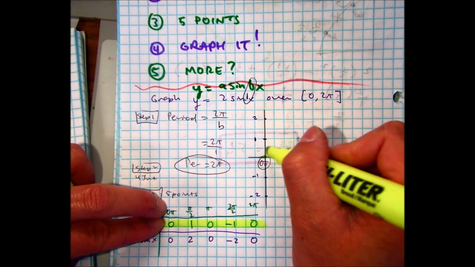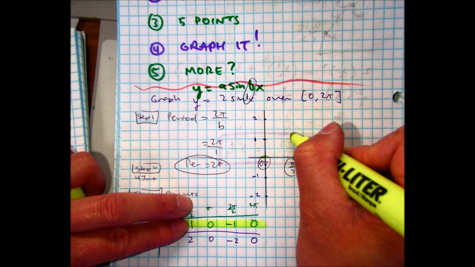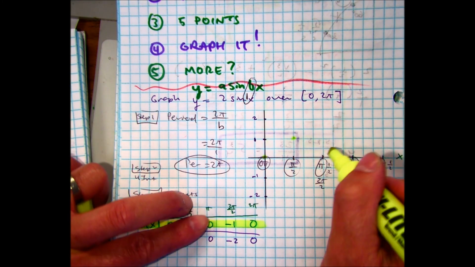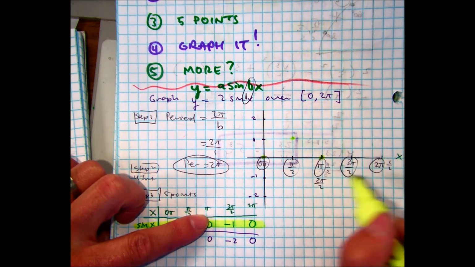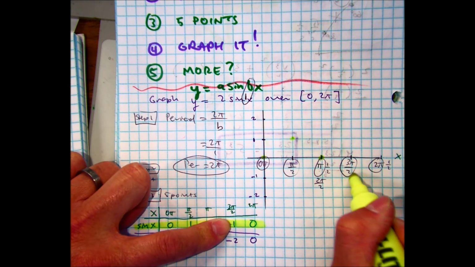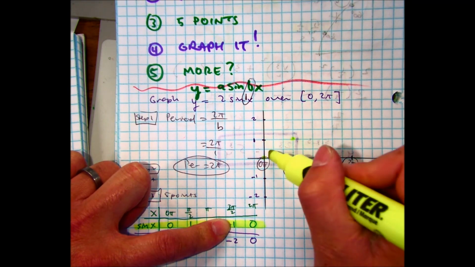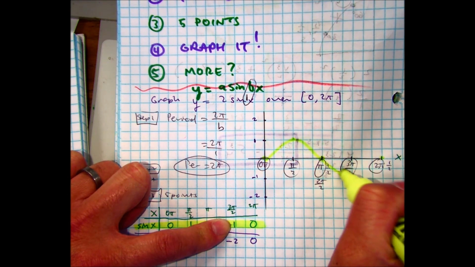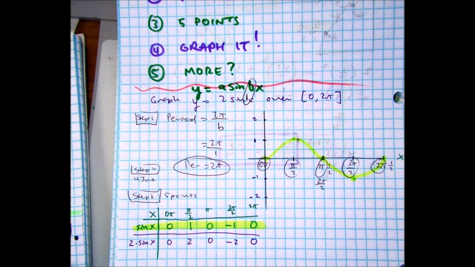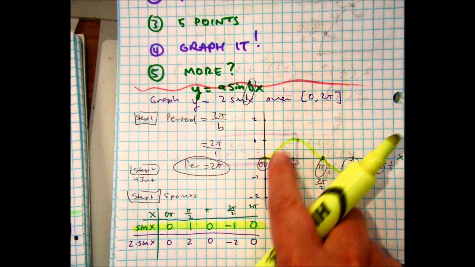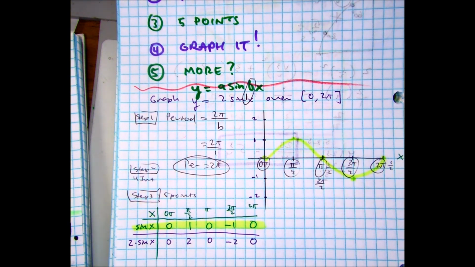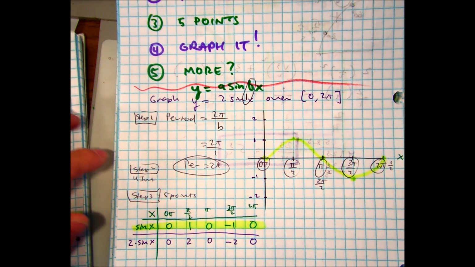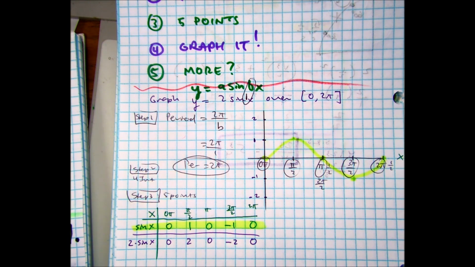Pi over 2 is 1. Pi is 0, 3 pi over 2 is negative 1, and 2 pi is 0. So here is our parent function. And the sinusoidal graph is going to be a smooth curve.